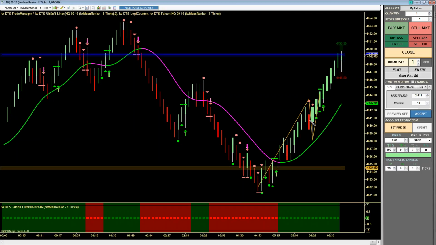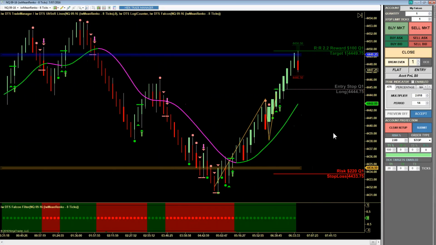We have the sellers come back. In this case, it could only muster a bar. And then we come back with more buying. Buyers produce a signal, and depending how we would set that up, we just tagged our high probability target.